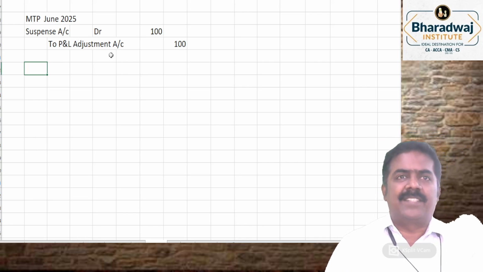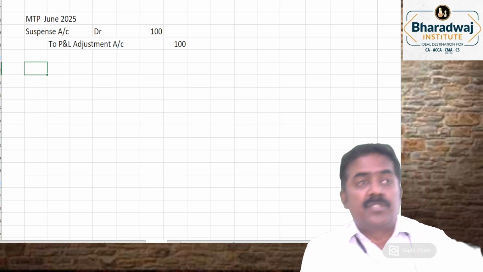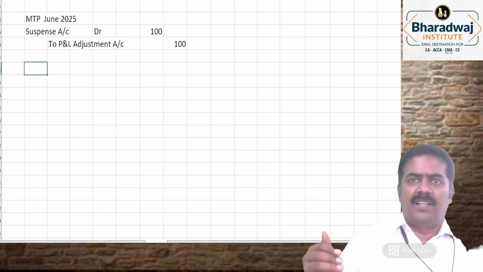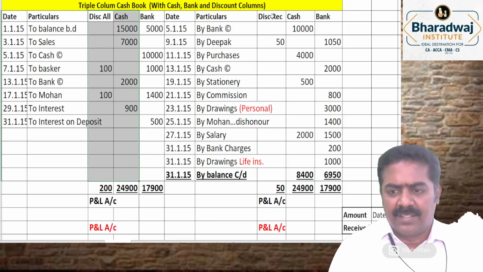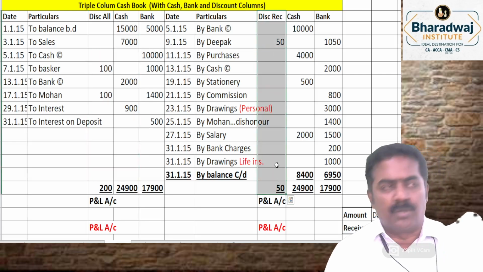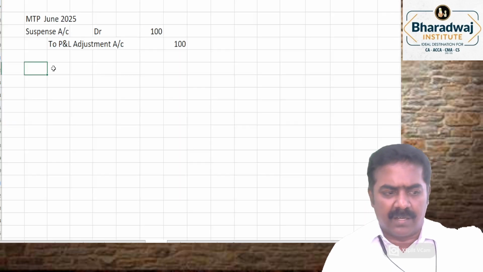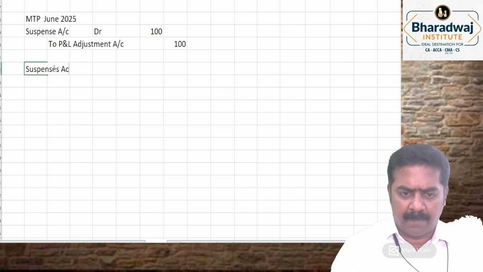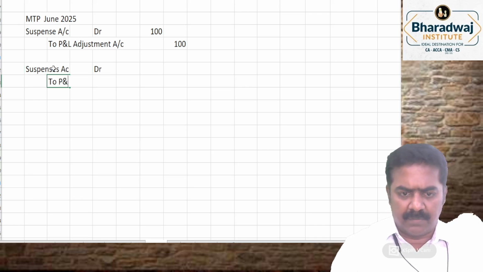Discount in the credit side of the cash book is discount received. What will be on the receipt side? On the debit side of the cash book there will be discount allowed. What will be on the credit side? Discount received, which is an income. Income not recorded, so record it now. Suspense account debit to P&L adjustment account.